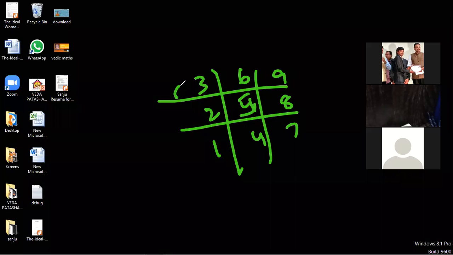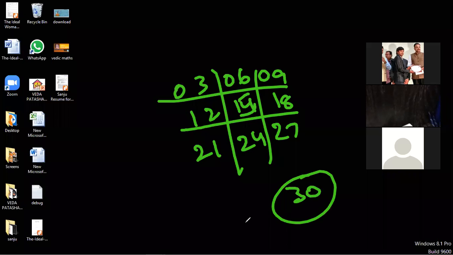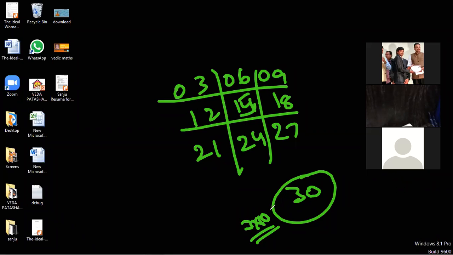The first number is 0, the second number is 1, the third number is 2, and finally 30 is 3 times 10. Easy, right? Got it?